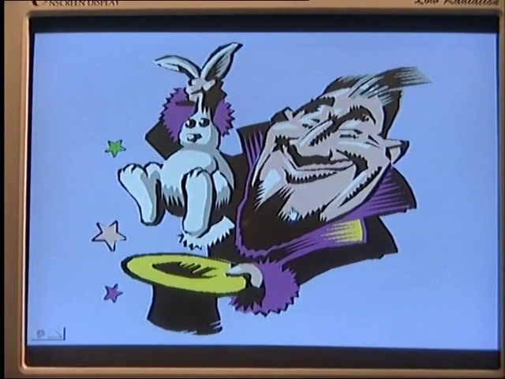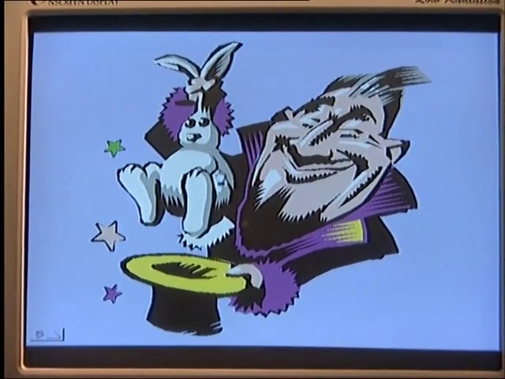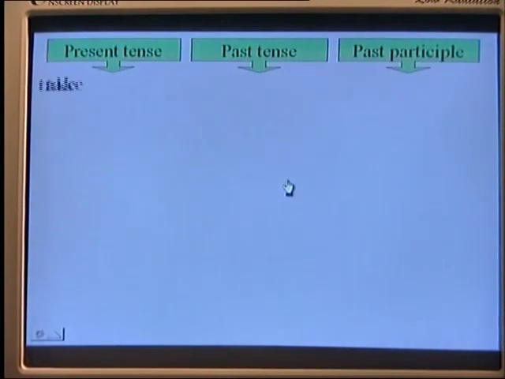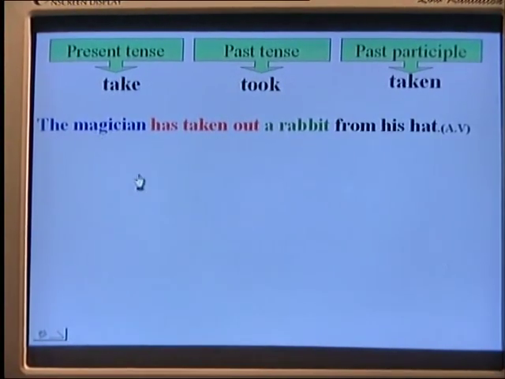Look at this sentence, the magician. The magician has taken out a rabbit from his hat, isn't it? So, take, took, taken. The magician has taken out a rabbit from his hat.